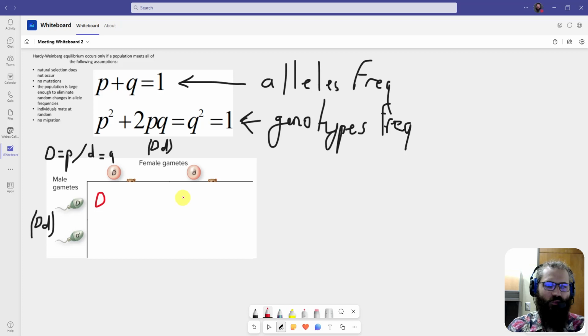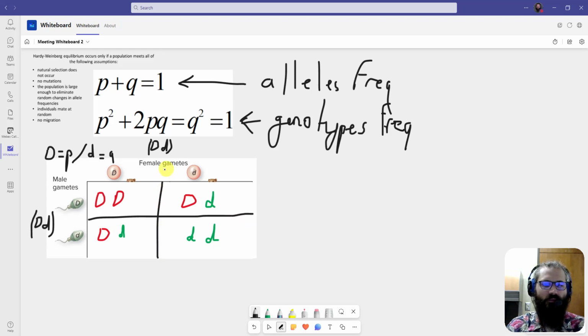Big D from here, I put it here. Then I put a big D here. Big D here, I put it there, and then here I put it in the first position because it's a dominant allele. And we'll use green for the recessive allele. So little d is here. I put little d there. Little d first, right? Then little d here. I put it there, and I put it there, right? And that's basically your Punnett square.